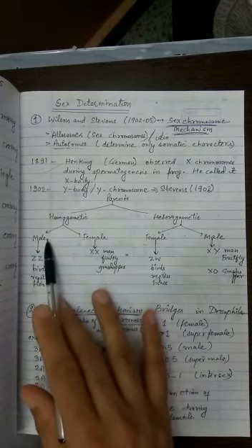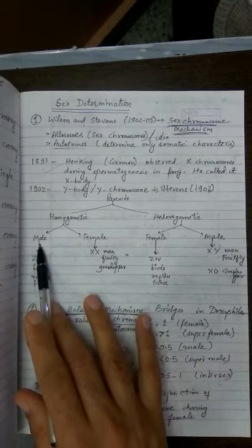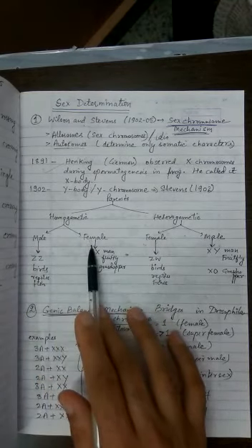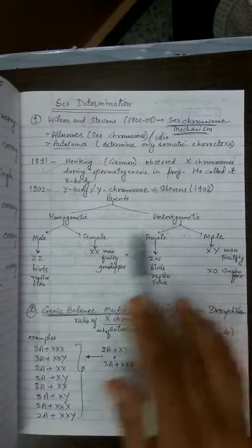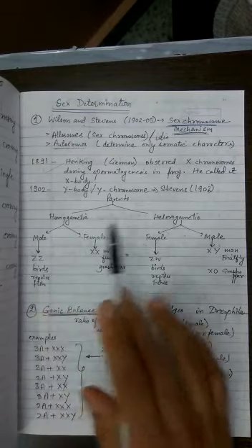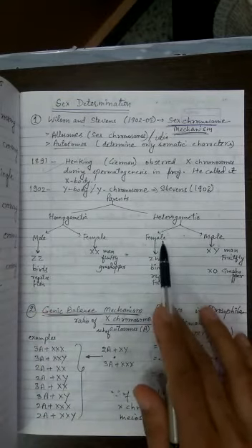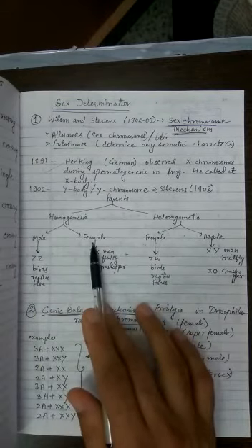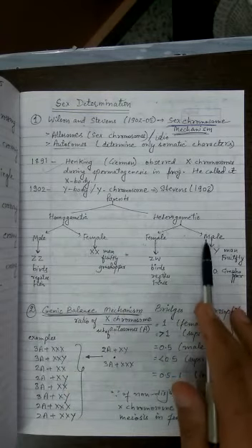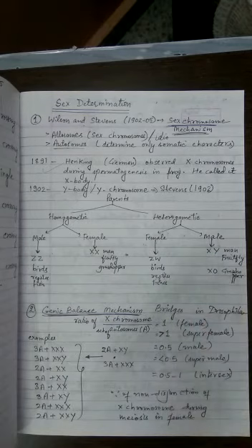Homogametic can be of two types: males can be homogametic, or females can be homogametic. If males are homogametic, then in the same organism females will be heterogametic. And if the female is homogametic, then in such a category males are going to be heterogametic.